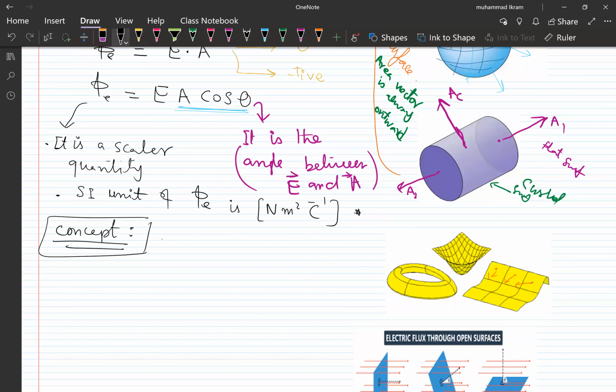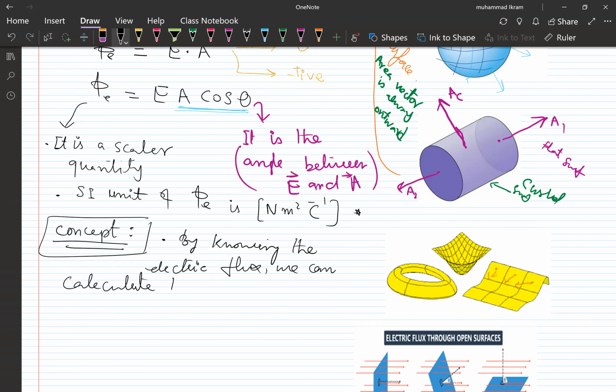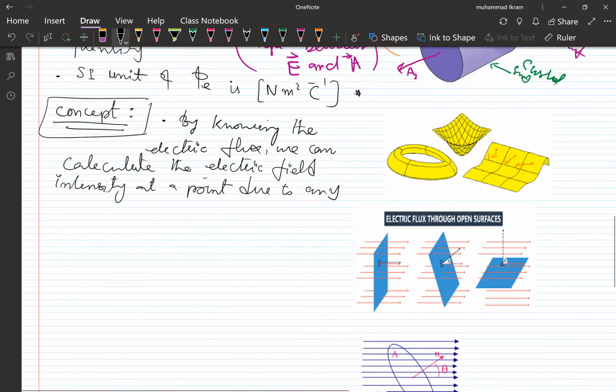That is, by knowing the electric flux, we can calculate the electric field intensity at a point due to any charge distribution.